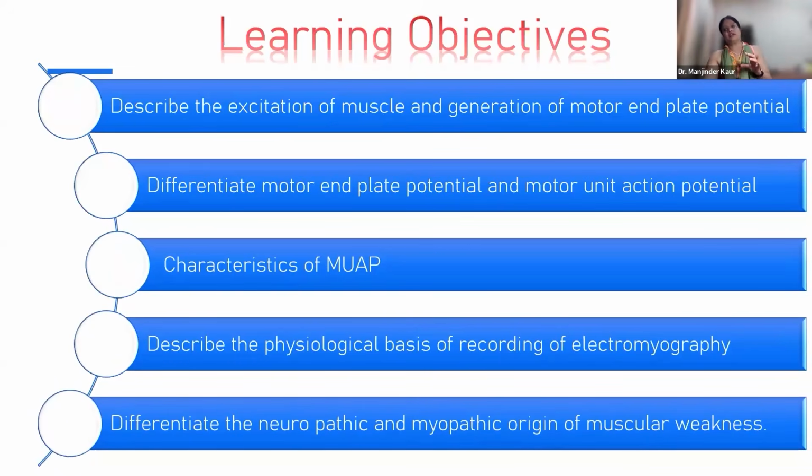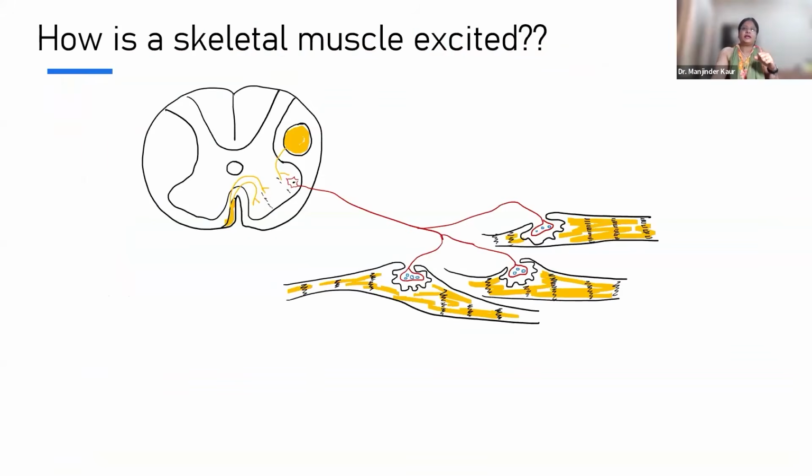And the most important thing on which the previous year questions focus are the various findings on EMG which differentiate the neuropathic origin of muscular weakness from the myopathic origin of muscular weakness.